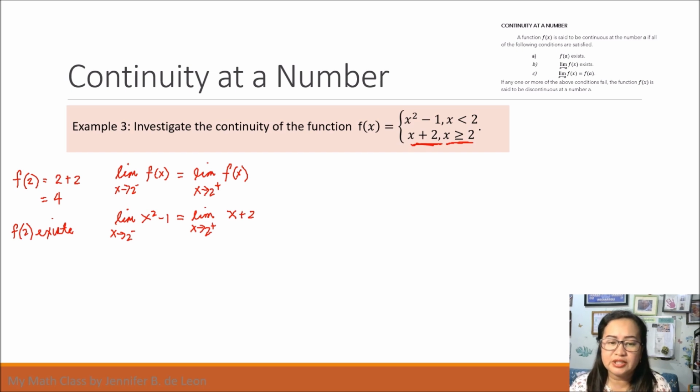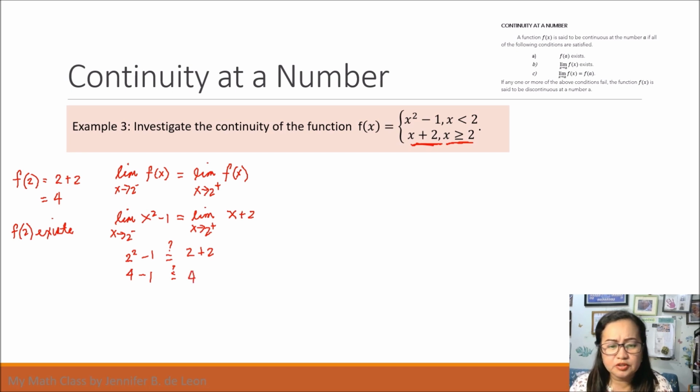Now evaluating the two limits, we will have 2 squared minus 1 on one side. On the other side, we have 2 plus 2. So we will have 4 minus 1 on one side, and on the other side, we will have 4.